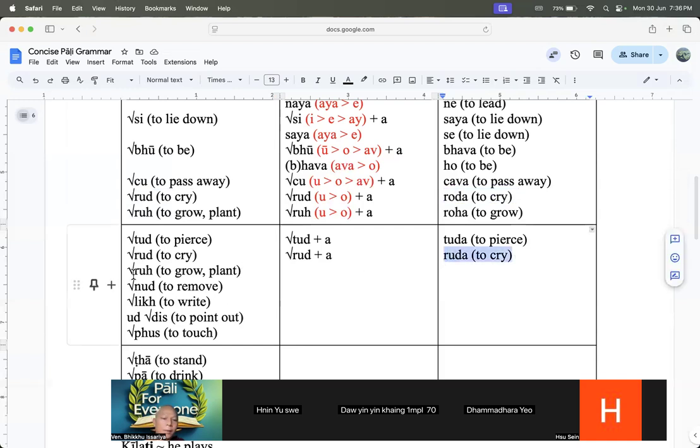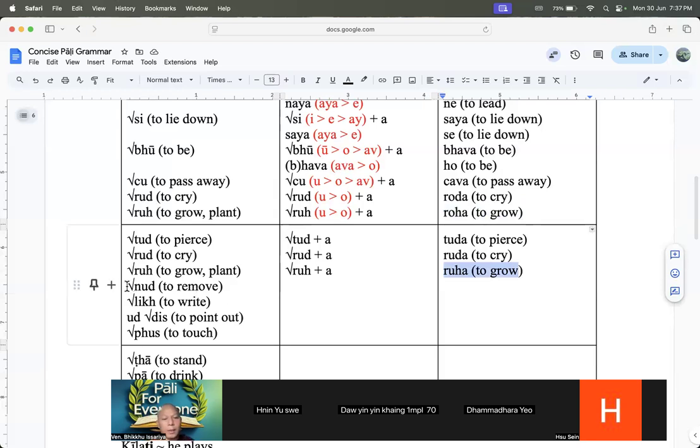Okay, and then this ruh also like rud, and the a, so ruha also to grow. So in this one also rohati or ruhati to grow. You see, these two roots can be found.